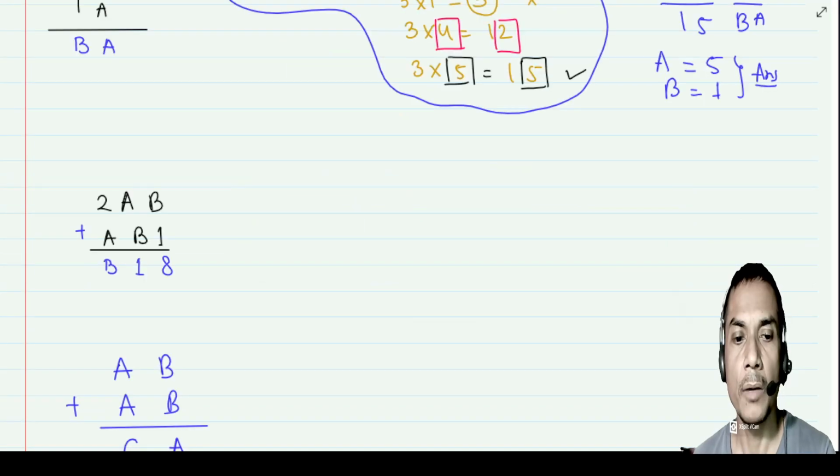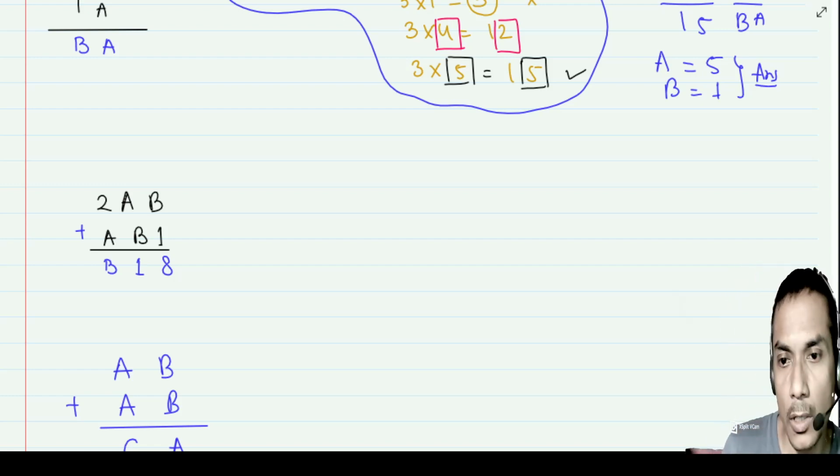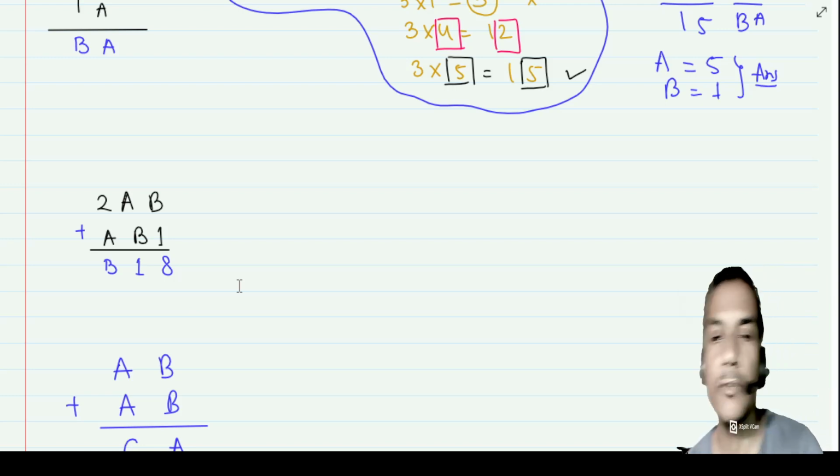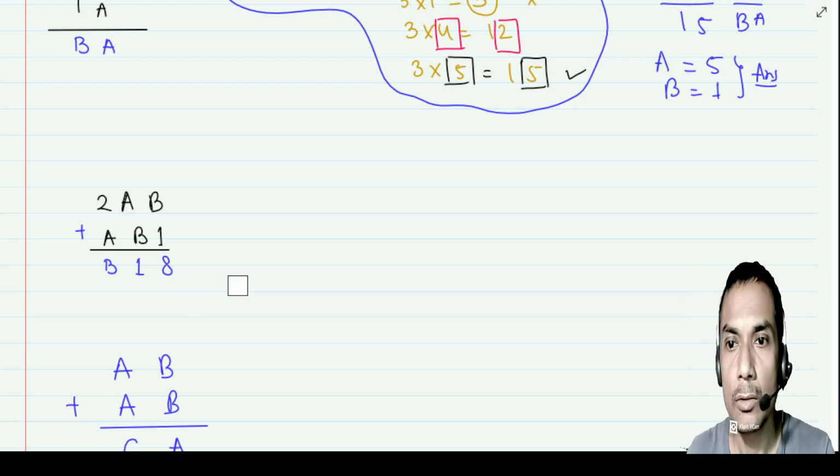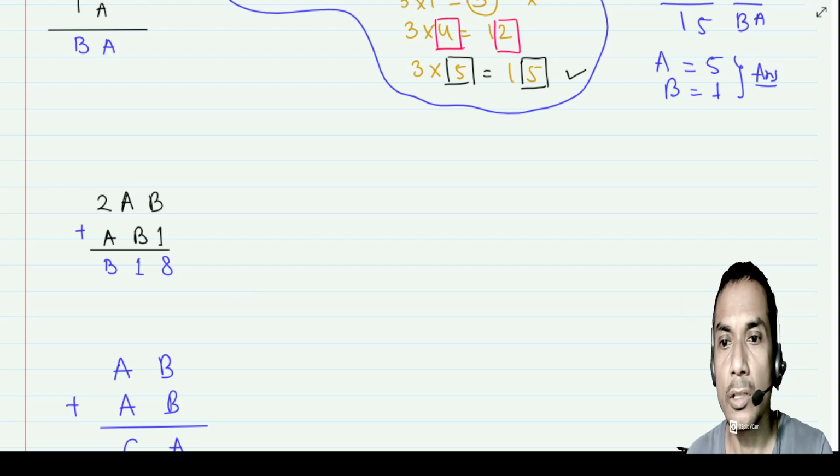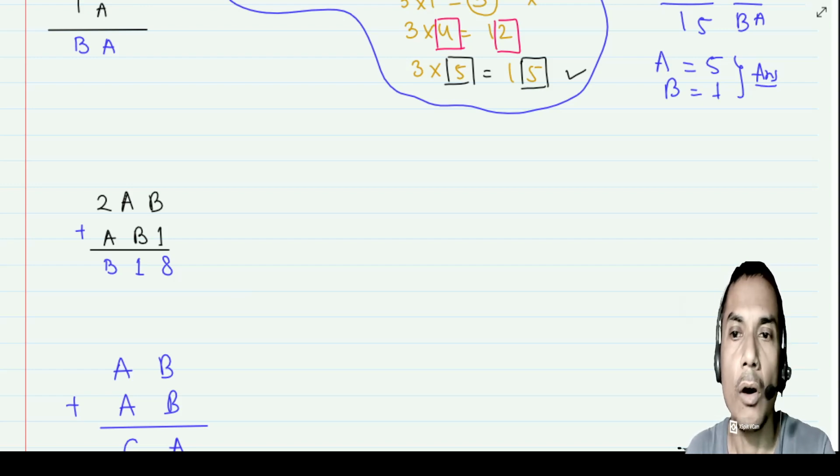From the beginning of this tutorial, I told you this chapter is actually the mathematics puzzle, arithmetic puzzle. So we have to find out the clue, where the clue is given. It could be different, varying from question to question. So the same logic is not applicable for all questions, right?